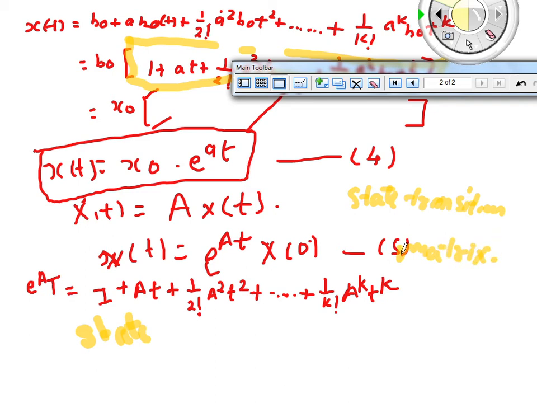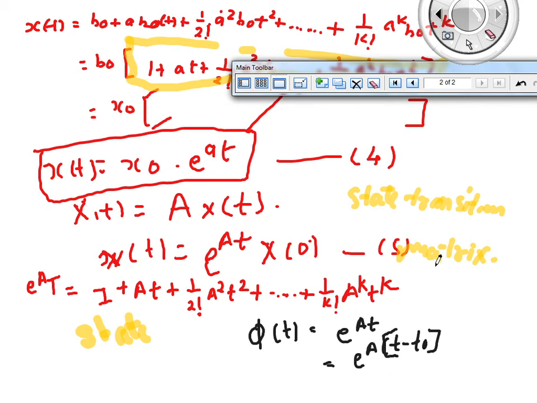Generally it is termed phi of t, so phi of t is equal to e raised to at. If you have an initial condition at time t0, it will be written as e raised to A into t minus t0.